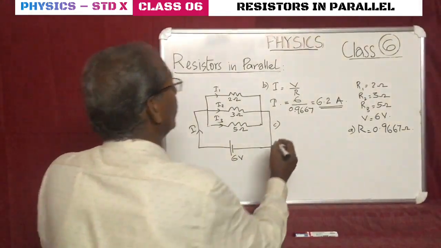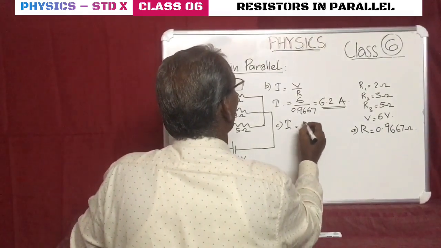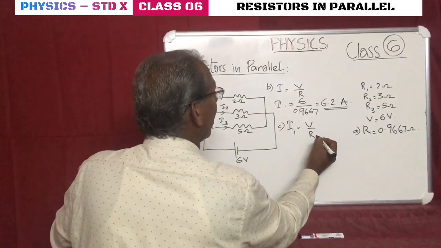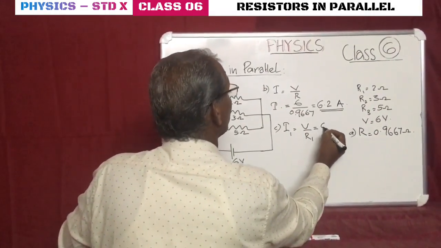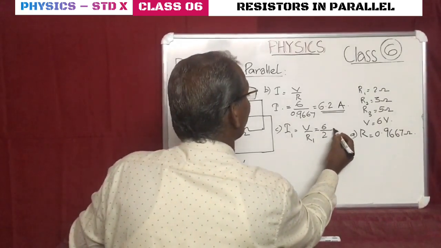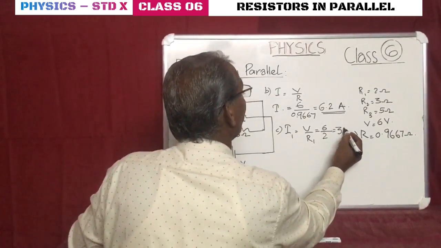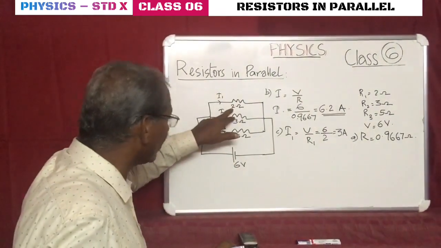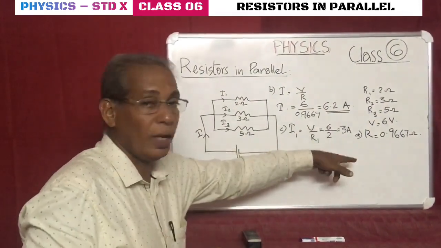So I is equal to V by R. So I1, V by R1, is equal to 6 by 2. We get 3 ampere. If we consider only this resistance, the current flowing is 3 ampere.